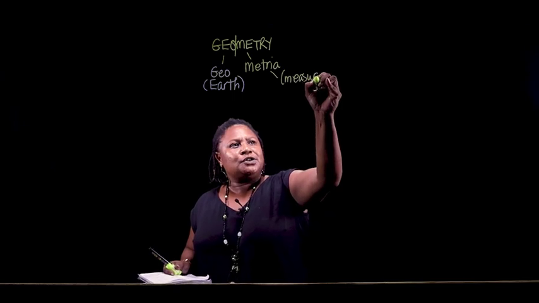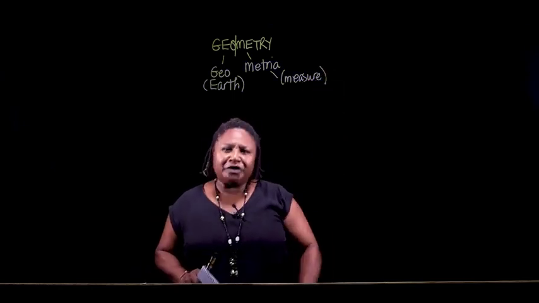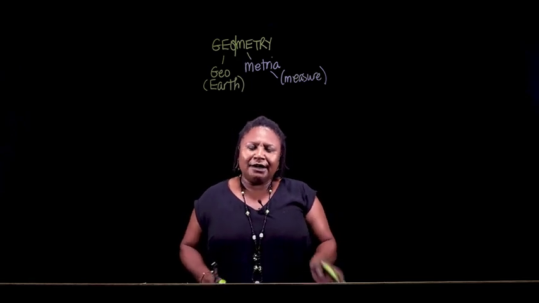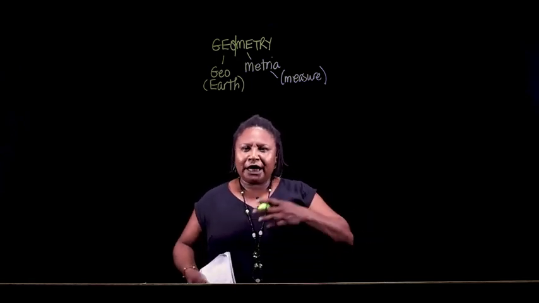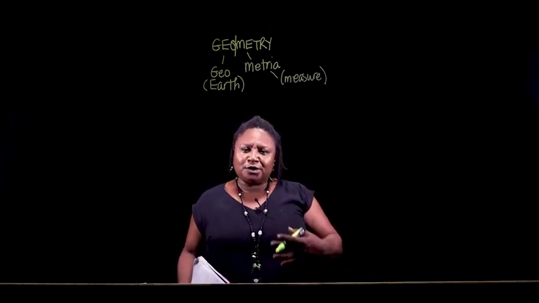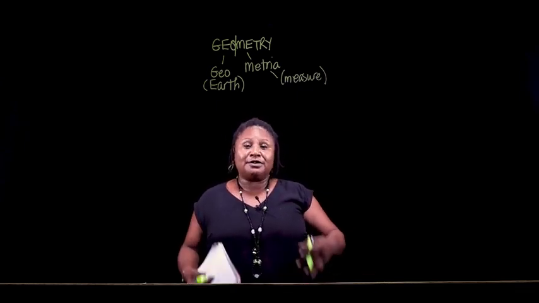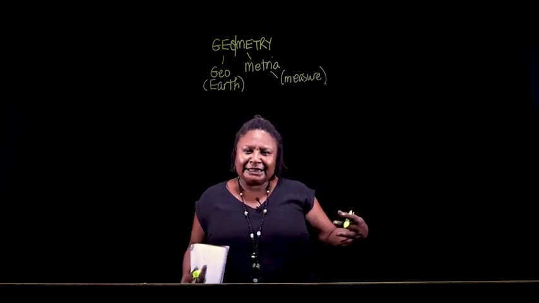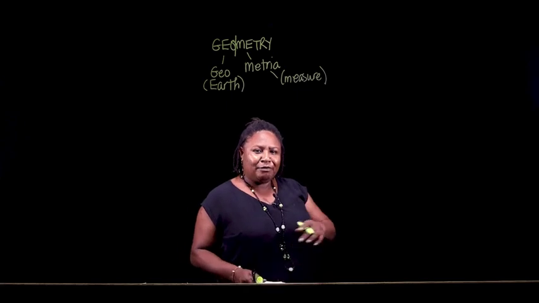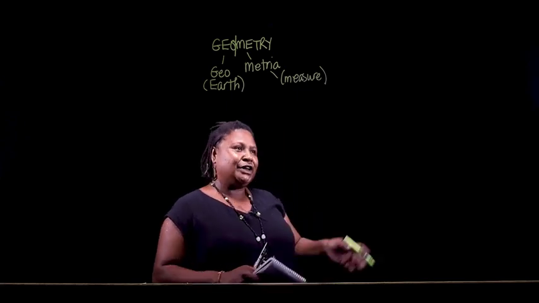So geometry is simply to measure earth. Now, the earth is made up of all kinds of shapes. We've got distances, and in geometry, that's what we do. We measure the earth through shapes, distances, all of that. So we're going to have a look at the father of geometry.